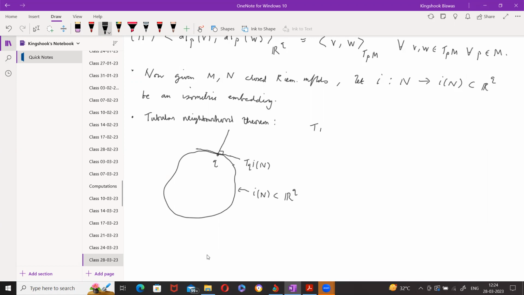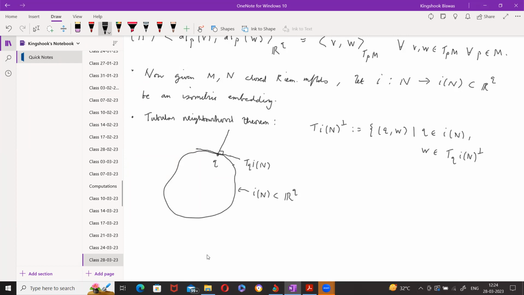Okay, so T of I(N) perp is defined to be the set of pairs Q comma W, such that Q belongs to I of N and W belongs to T_Q I(N) perp.